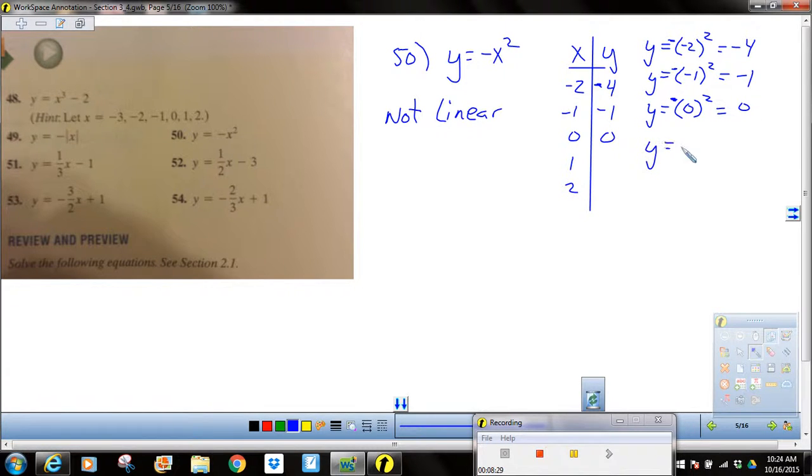Doing 1. 1 squared is 1, but with a negative in front would be negative 1. Two squared is 4, but with a negative makes it negative 4.